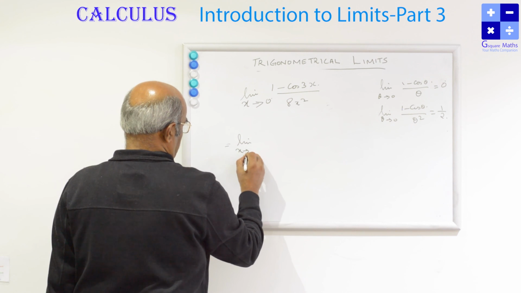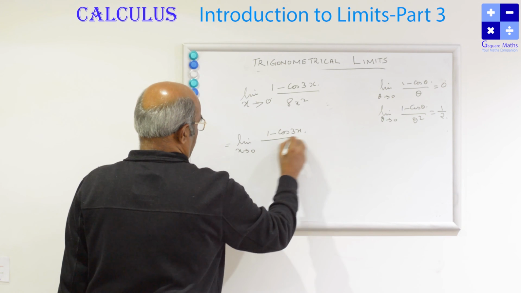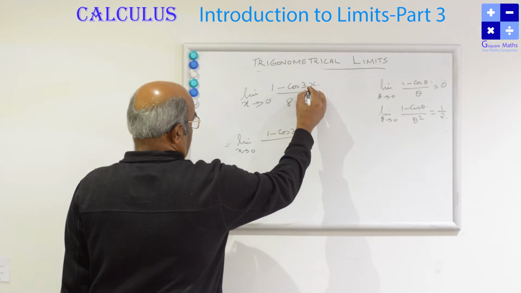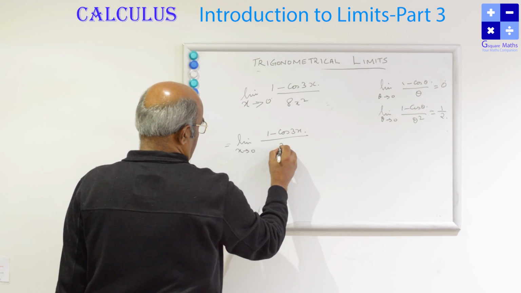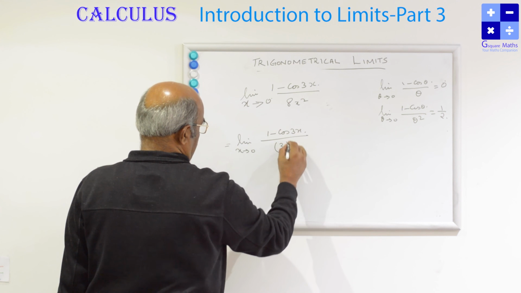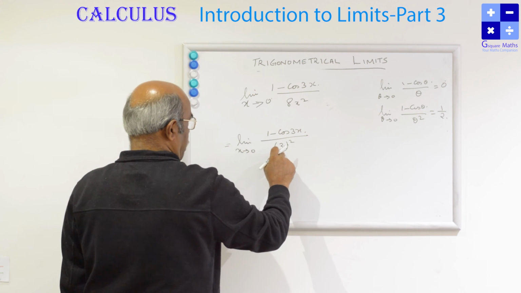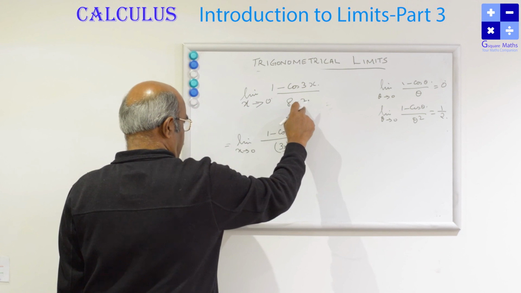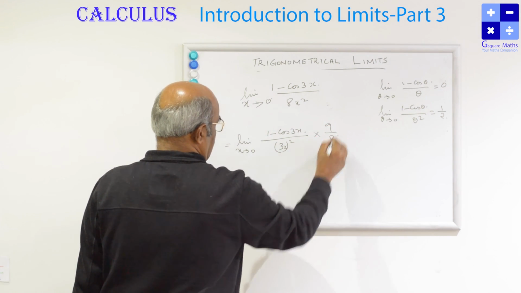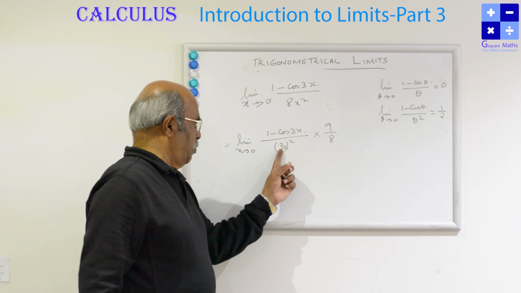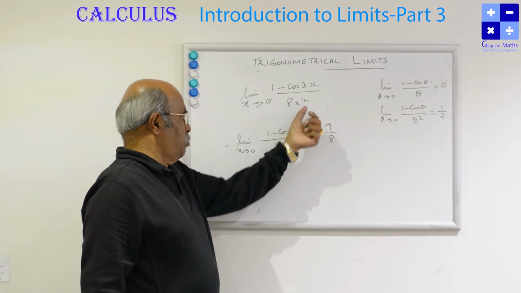Limit x tends to 0, 1 minus cos 3x by, for the denominator theta, here also I want (3x) whole square. 1 minus cos theta, 1 minus cos dot by dot square. Here with me 8x square is there, so I am making it 9. So I multiply that by 9 by 8. This 9 I multiply in the denominator and 9 in the numerator, so they nullify. 8x square I separated.